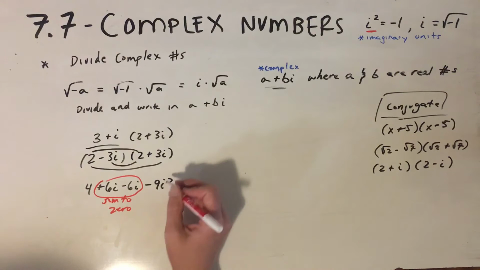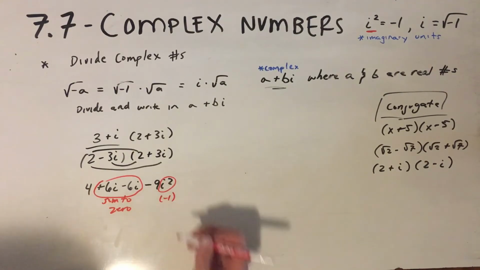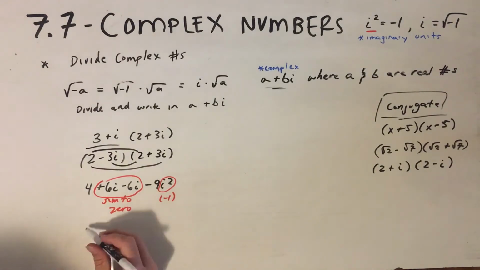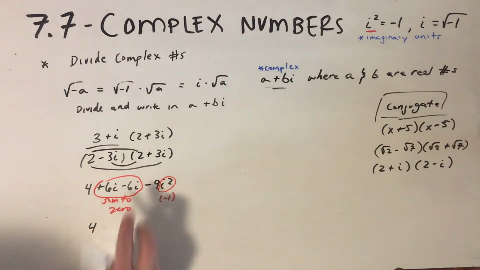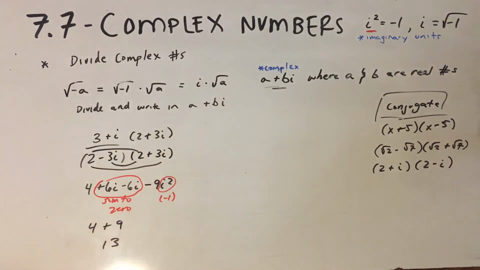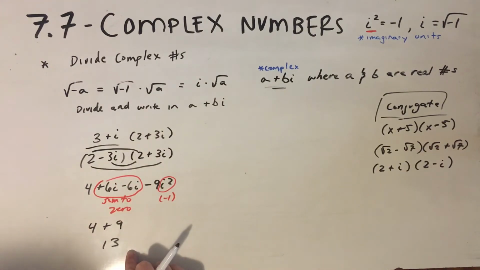So those are gone, and this i squared is going to be replaced with -1. So we've got 4, -9 times -1 is +9, so on the bottom we have 13. So this is what we have in the denominator here, just this whole number 13.